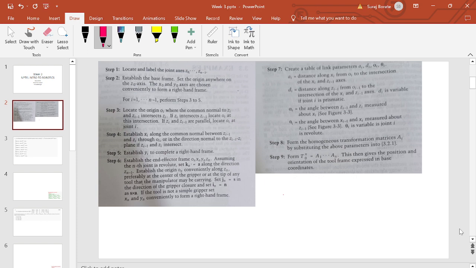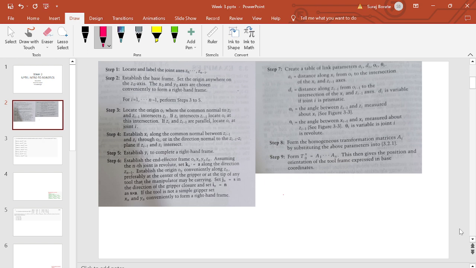After labeling the joint axes, we establish the base frame around Z0, with X0 and Y0 put arbitrarily. After that, we locate the origin of each frame where the common normal to Zi and Zi minus 1 intersects Zi.